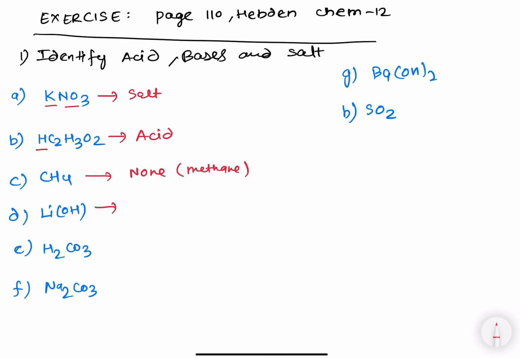Now coming to LiOH, we are seeing OH and it is at the end of the formula. So the trick was, if any substance has OH at the end, we will call it a base. Again, hydrogen is there at the beginning of the formula, carbonic acid, so it is an acid.